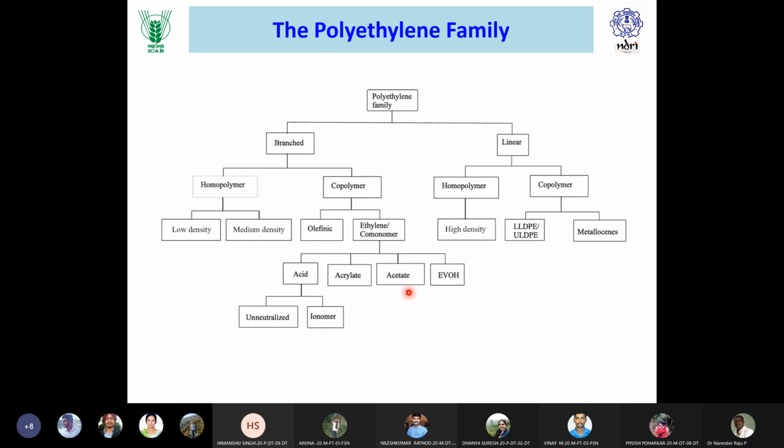Then the first 50% extension, that means from 100 to 150 centimeters, whatever is the extension, that is in elastic limit.